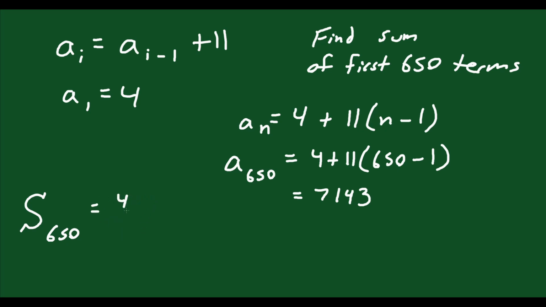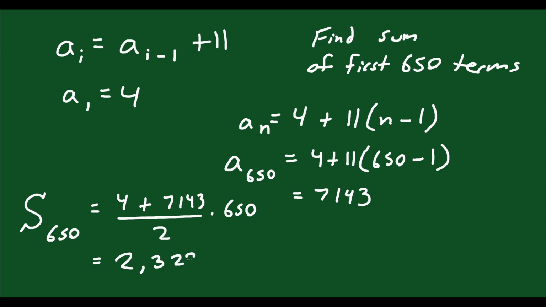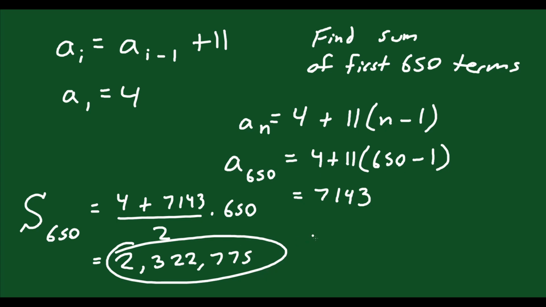You just say 4 plus 7143 divided by 2 times the number of terms we have, which is 650. Calculate that, and you're going to get 2,322,775. That's the sum. Okay?